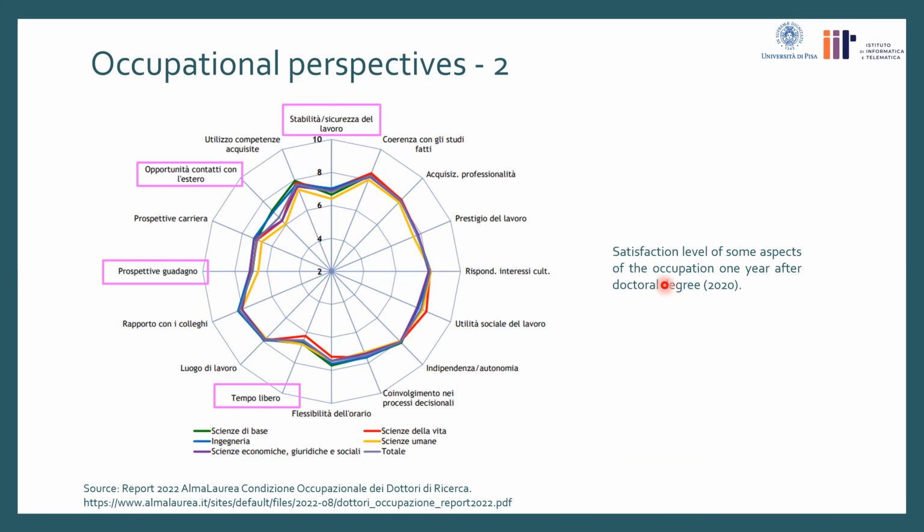And I want to put your attention on the inflections of this plot, which are here: stability and safety of the job, opportunity of contacts with other people abroad, salary perspectives, and finally free time. So the inflections are in fact key points in an occupation, I would say.